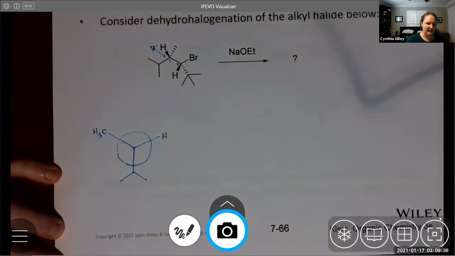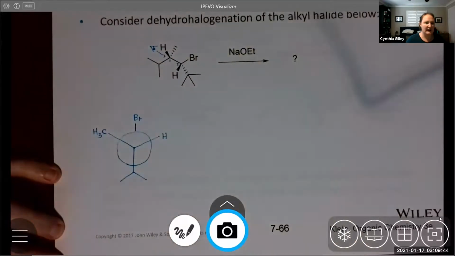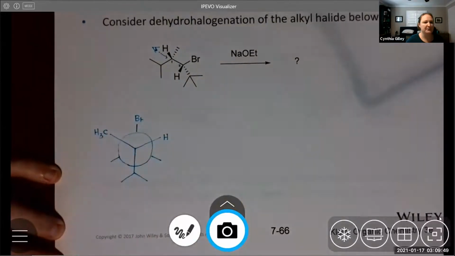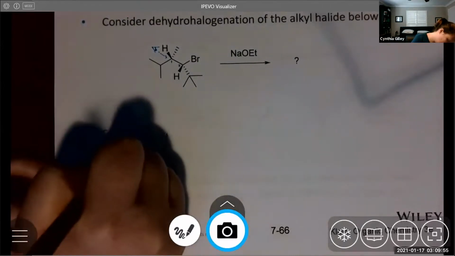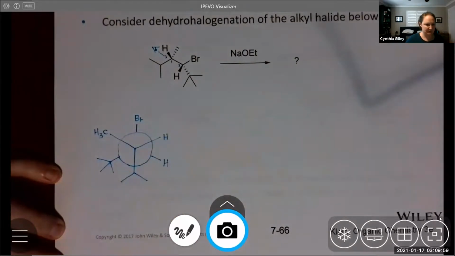And then carbon 2, which is in the back, has a bromine pointed straight up. And there is a group coming again to the left and the right. The tert-butyl is going to my left, over here, and the hydrogen coming out to the right.